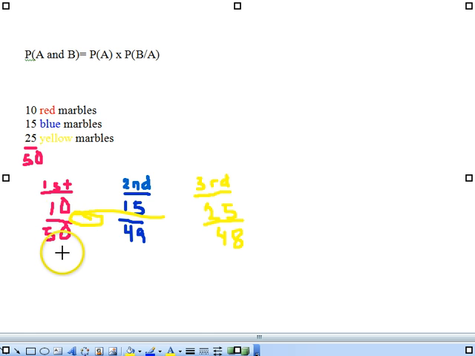Now, 10 over 50 can be reduced to 1/5, because 10 goes into itself 1 time and then it goes into 50 5 times. Okay, and we're going to multiply that times 15 over 49, and you get 15, because 15 times 1 of course is 15, over 245.